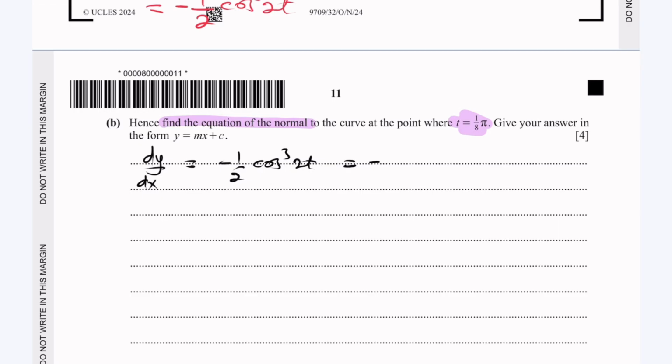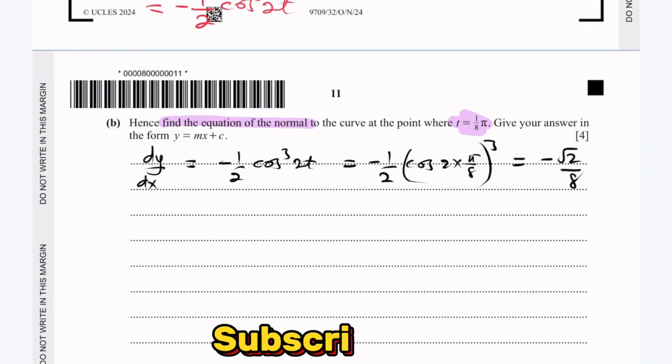So we have negative half cos 2 times pi on 8 all cube, and this should give us negative root 2 on 8. So that's the gradient, and this gradient is for the tangent.